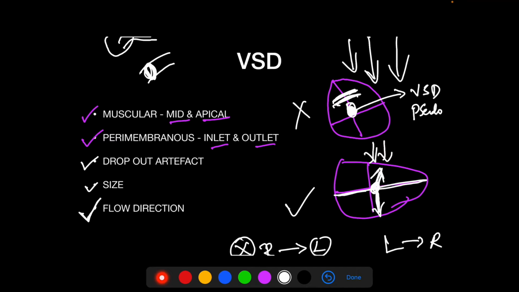So flow direction is either bidirectional or left to right. Size: if it is smaller than the aortic annulus size, it is a smaller defect, and if it is larger, then it is a significant defect. Dropout artifact can be avoided by assessing the fetal heart perpendicular to the insonation. And there are two types, muscular and perimembranous defect.